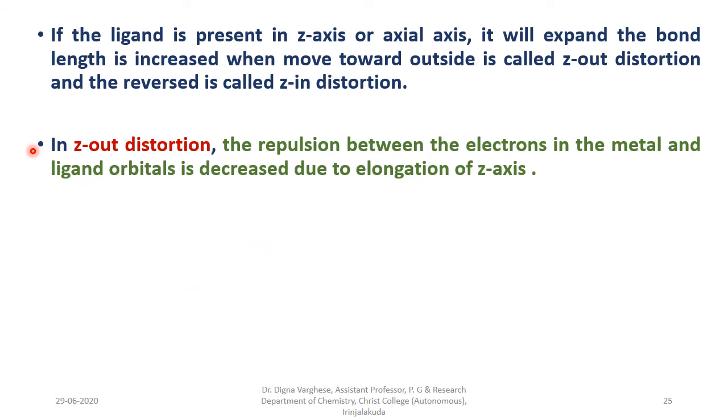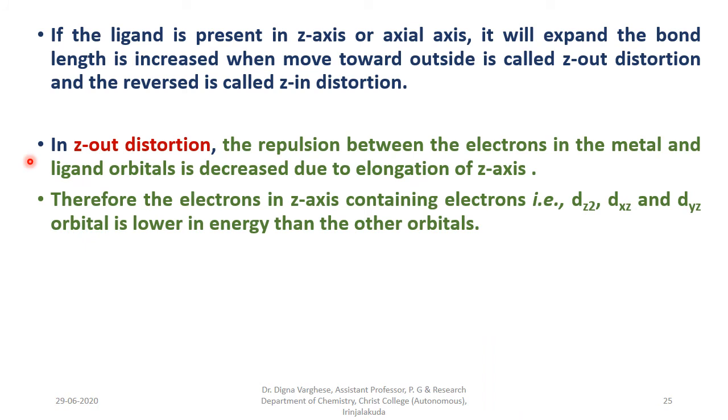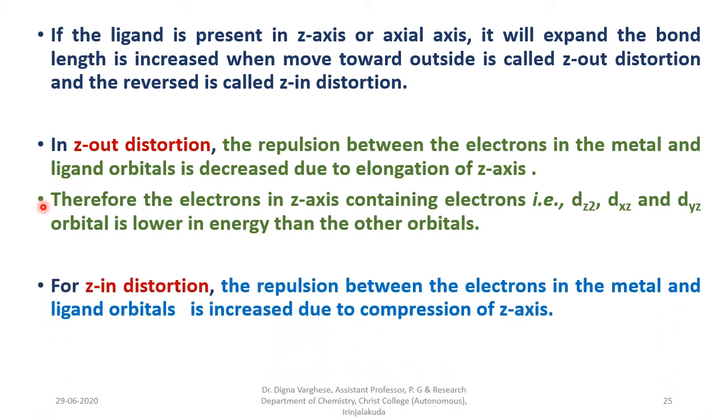In Z out distortion, the repulsion between the electrons in the metal and ligand orbitals is decreased due to elongation of the Z axis. Therefore, the Z axis containing orbitals dz square, dxz and dyz are lower in energy than the other orbitals.